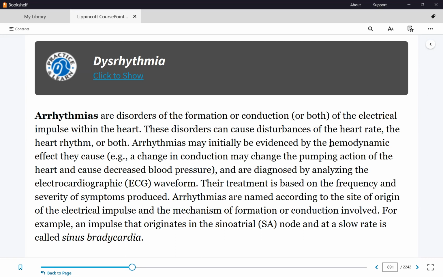If there are no strips for a rhythm, but it's in the textbook, I will only describe the rhythm as stated by the textbook. Are we clear? Any questions? So only basic rhythms, the most commonly occurring dysrhythmias, and strips only available in your textbook. Are we clear? Yep.